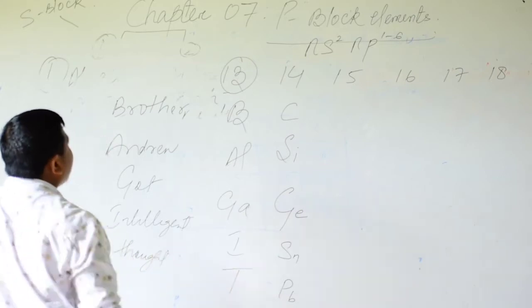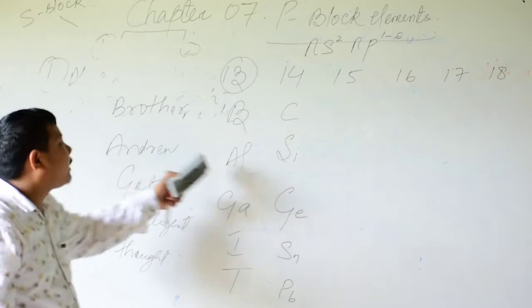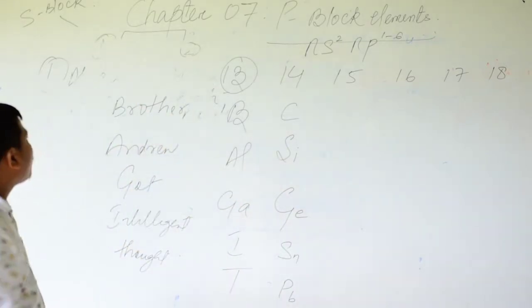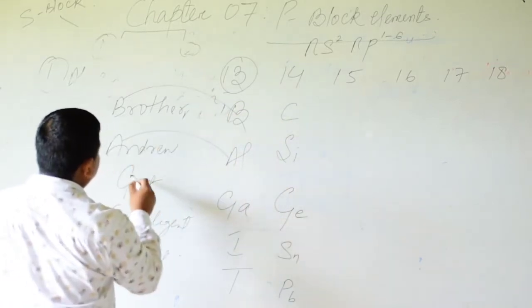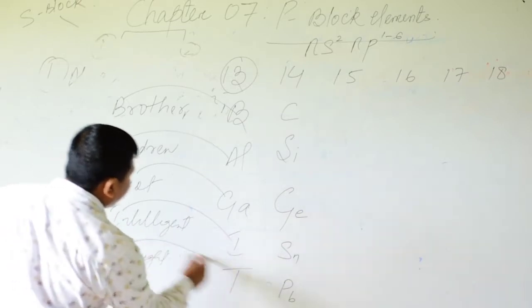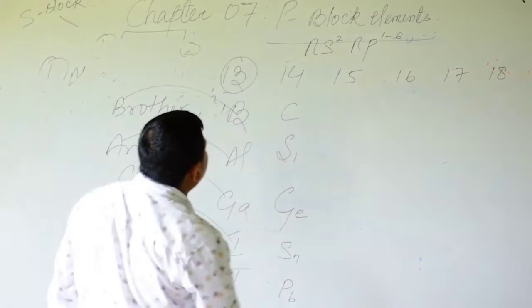I have written in a simple way how to learn the elements located in group number 13. So B indicates boron, A indicates aluminium, G indicates gallium, I indicates indium, T indicates thallium.